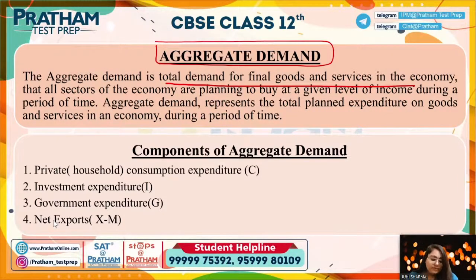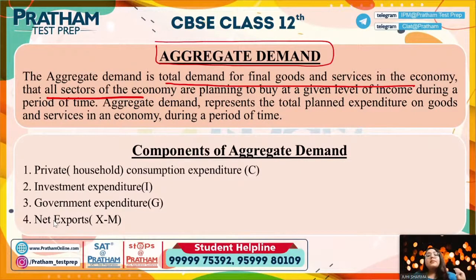Now, you need to know that इसमें जब हम total demand की बात कर रहे हैं, we are talking about all the three sectors, right? All three sectors, primary, secondary, tertiary, सारे sectors की हम बात कर रहे हैं, at a given period of time, और वो given period of time, you can consider it like one financial year, right?